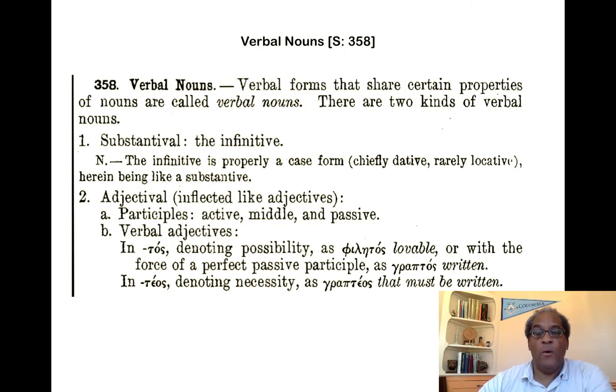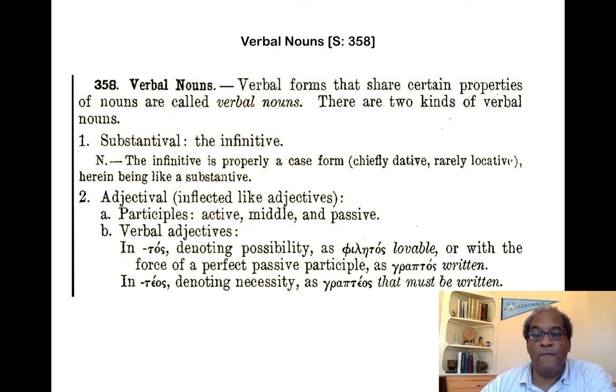So again, what we've been looking at here are our verbal nouns and the verbal nouns to be, which are actually verbal adjectives in tos, denoting possibility, as piletos, lovable, or having the force of a perfect passive participle, graptos, written, or, most importantly and significantly, those in teos, which denote necessity, as in grapteos.